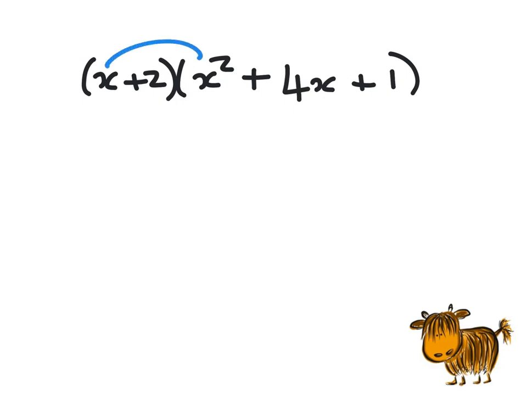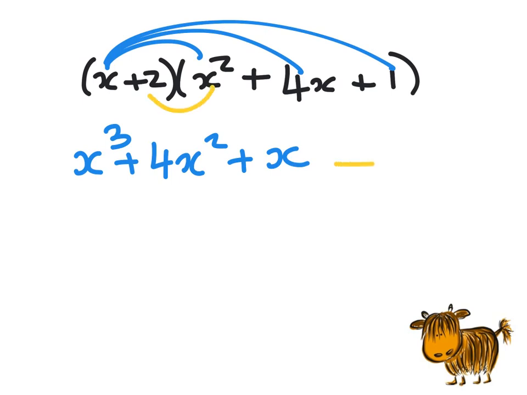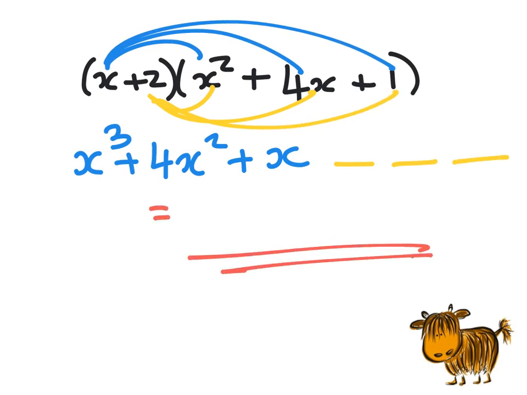So we do x times x squared, which is x cubed, x times 4x, which is 4x squared, x times 1, which is x, then 2 times x squared, 2 times 4x, 2 times 1, tidy it all up, and we have our answer.